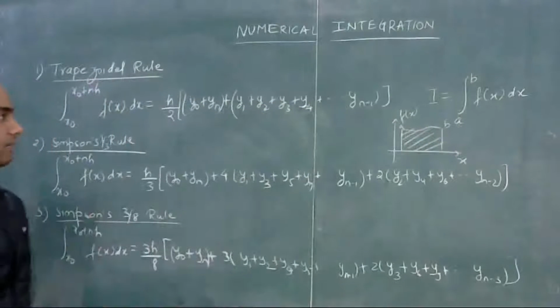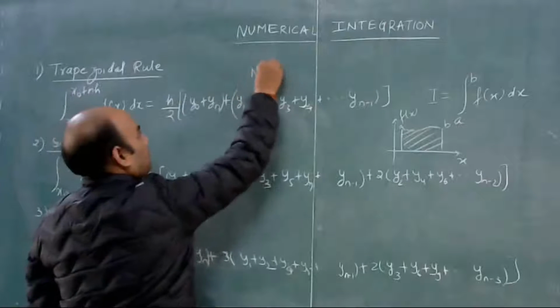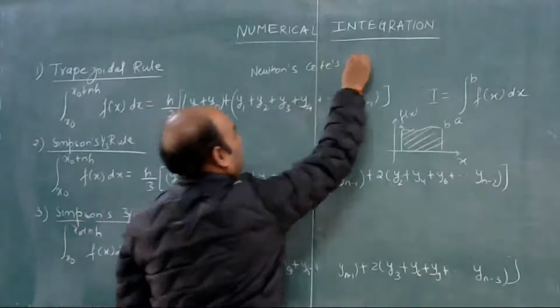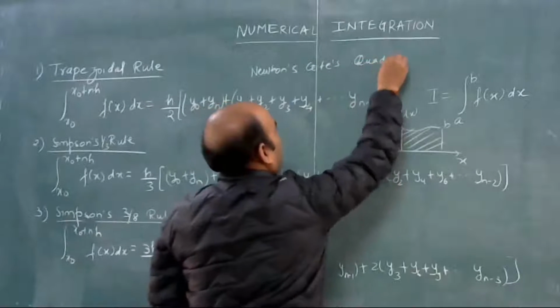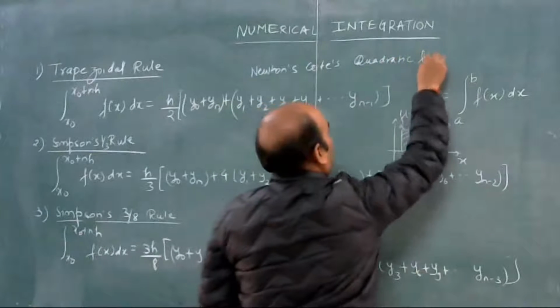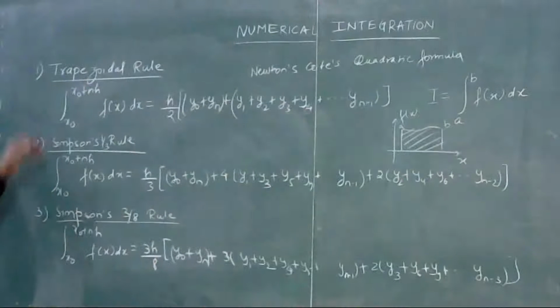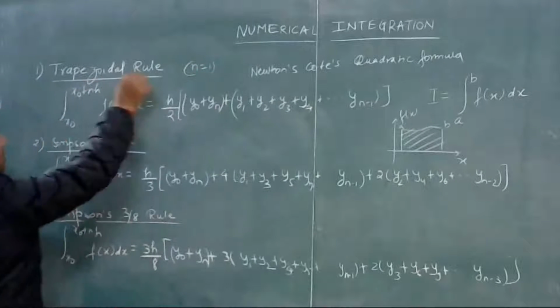Okay. So we have derived the Newton's Cotes quadrature formula, and from there, putting n is equal to 1, we got the trapezoidal rule.